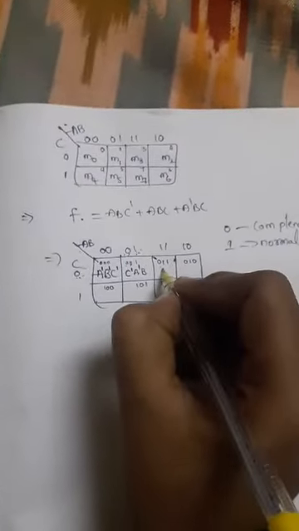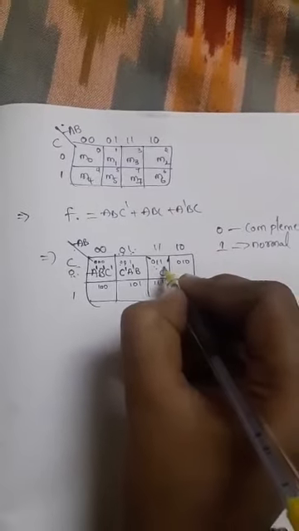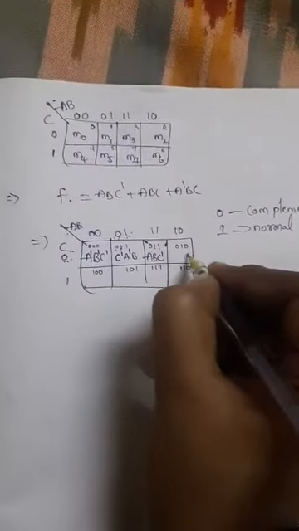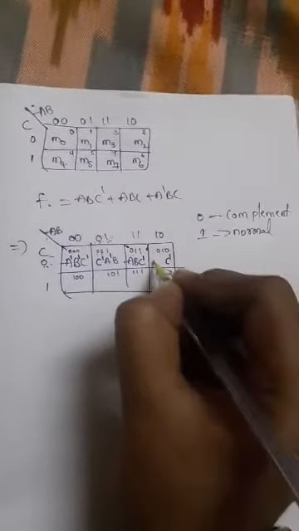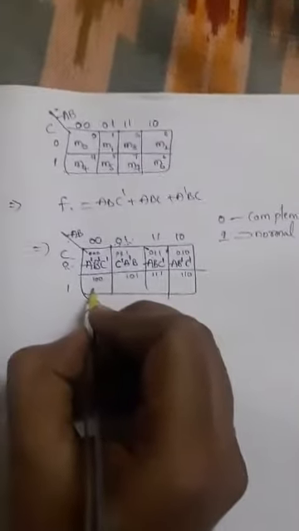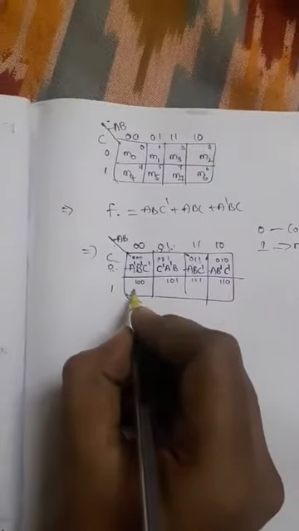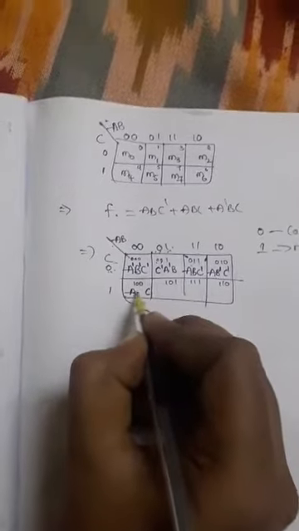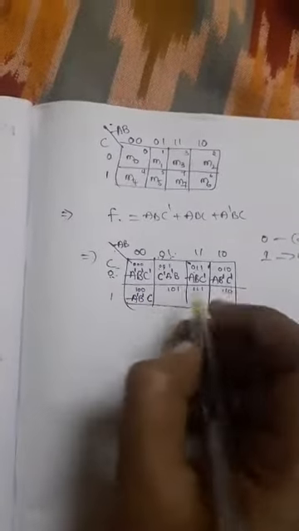Okay, so next this one. That is nothing but here 0 is indicated as C complement and the remaining will be 1 1, so I can represent it in normal representation AB. Okay, so again C will be 0, that is complement, and A will be normal and B will be 0, that is complement. Coming to the next cell, that is the fourth cell, that is nothing but C will be normal, and A, B will be 0 0, so A complement, B complement.